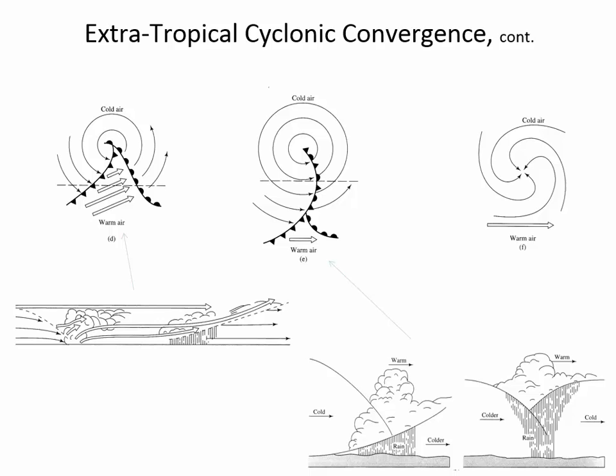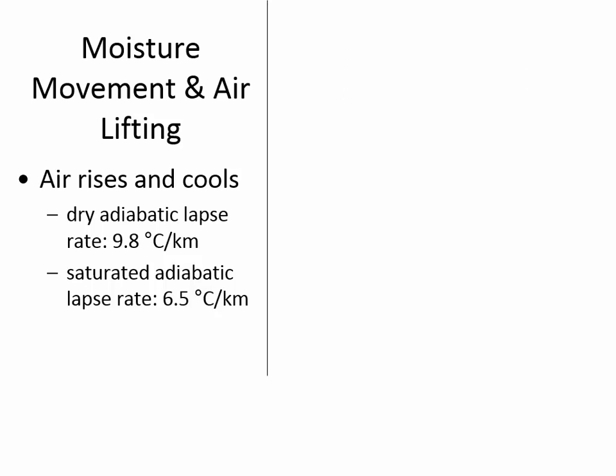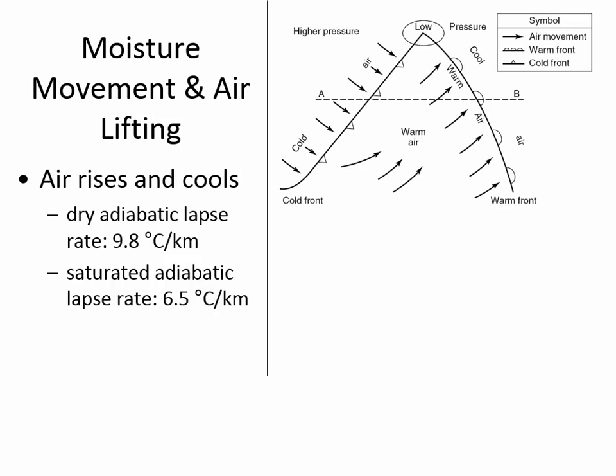As it cools, the moisture comes out of the air, and it starts to form onto the little droplets, and then rain results. So it's lifting that causes precipitation. Moisture movement and air lifting. As air rises through the atmosphere, it cools off, and it's cooling that causes the evaporated moisture to form little droplets.